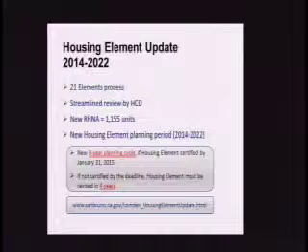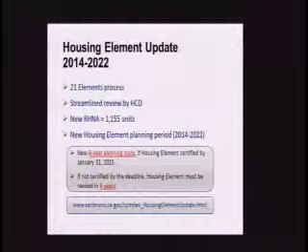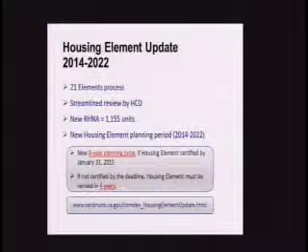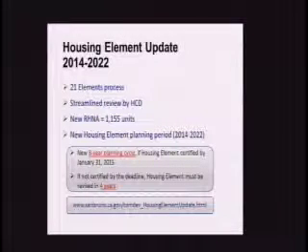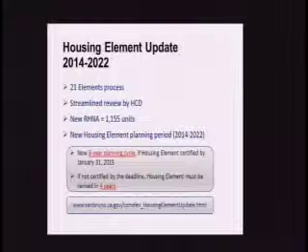Well, if it is adopted by then, we enter into an 8-year cycle for the next housing element, so that we would be good for 8 years. If it doesn't get adopted on time by the deadline, it's reduced to 4 years. You would have to do this process again in 4 years. So streamlined review is really important.